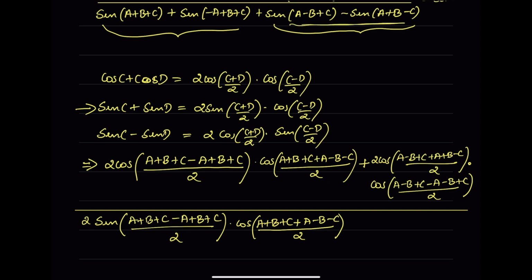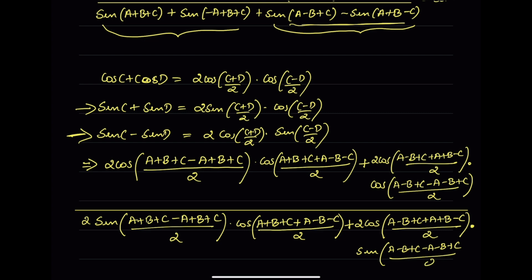The last part pending is this one, where I'm going to apply sin C minus sin D. So this will be plus 2 cos of (A minus B plus C plus A plus B minus C)/2, multiplied by sin of (A minus B plus C minus A minus B plus C)/2.